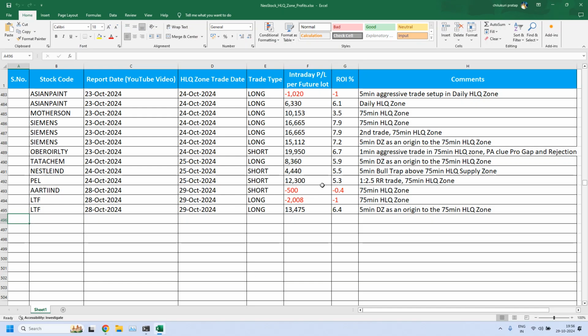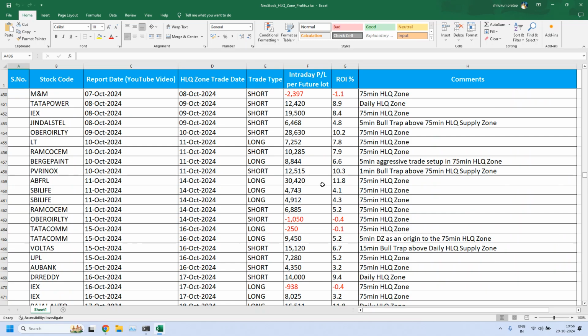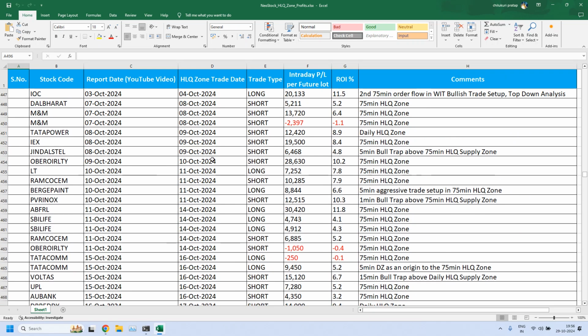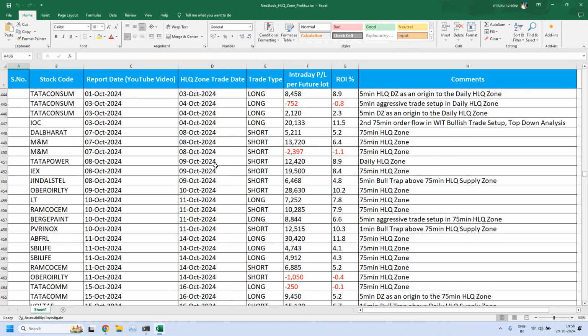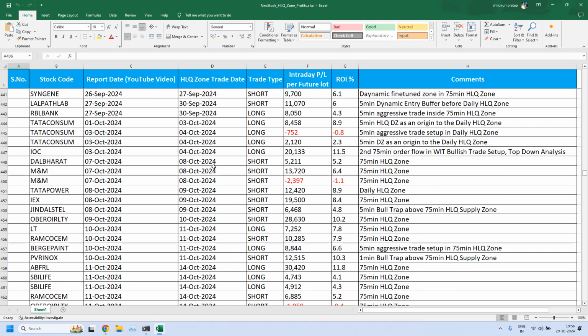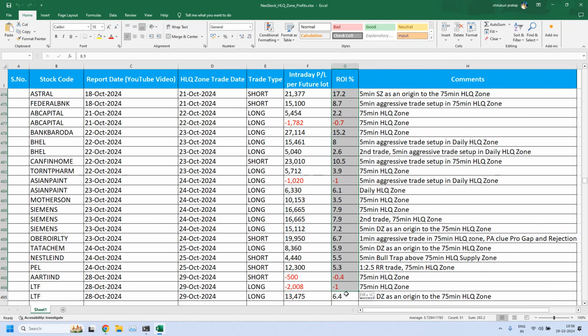If you look into this current month, see how many trades we got so far. In October, the trades are very good because the ROIs are very high. So far we got 52 trades in October, and we have 3 more days to complete.